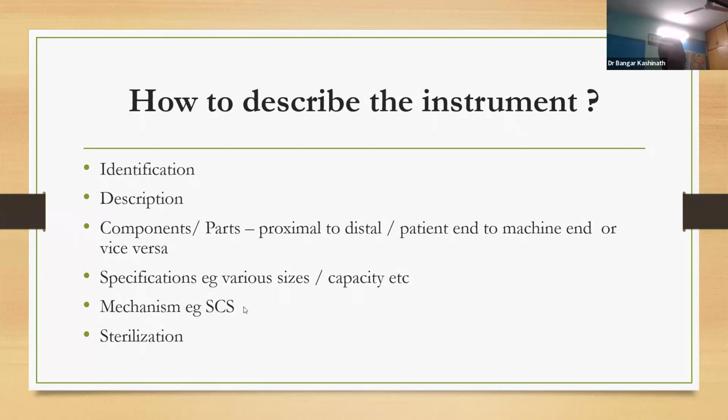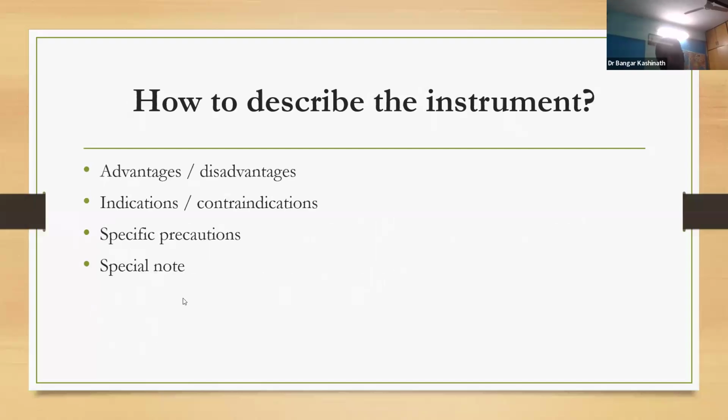Sterilization: most of the things will be pre-sterilized, a few will not be. Pre-sterilized with what? It is written on every instrument. If it is reusable, please make sure you know how to sterilize it. What are the advantages, disadvantages? What are the indications, contraindications? Any specific precautions, special notes, and comparison.